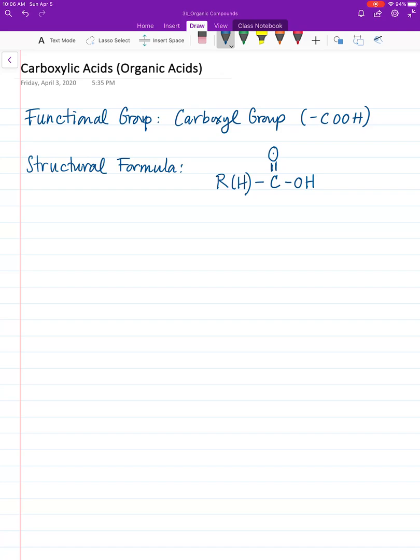So you'll notice now that we've got a double bond here between our oxygen and carbon, but the carbon still has 4 bonds. We've got 1 here, 2, 3, and 4. Okay, so this R bracket H can be a chain of carbons, so it could be 1 more carbon, it could be 3 more carbons, or it could just be a hydrogen.